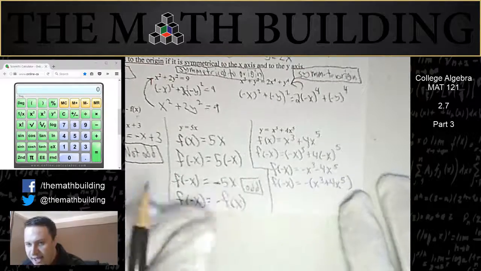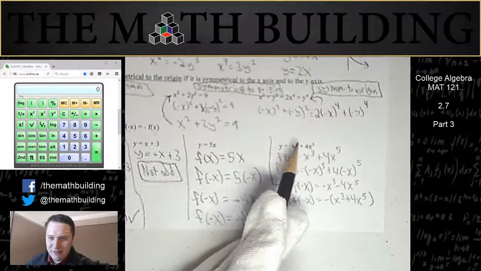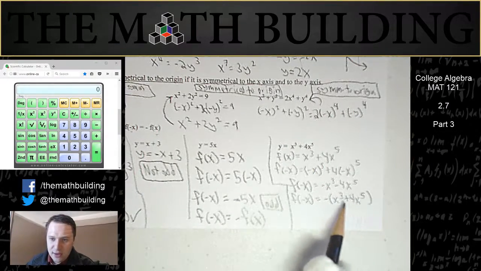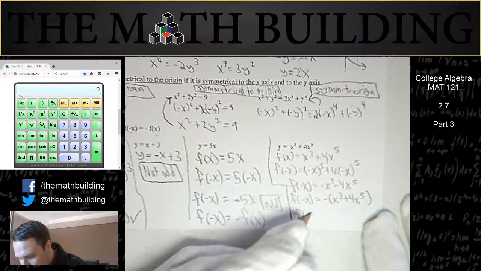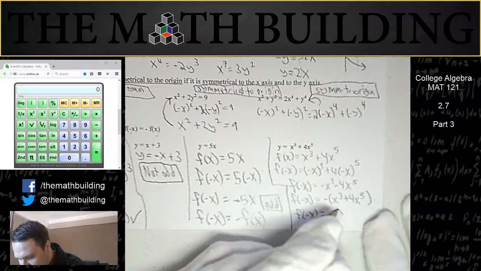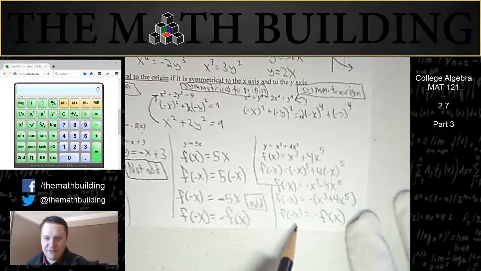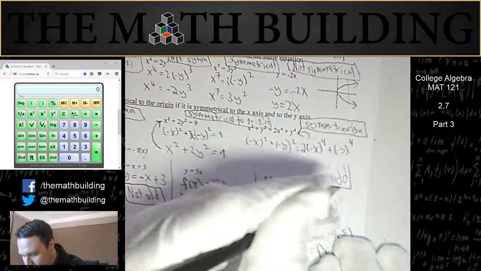And then if I do that, what do I have in the parentheses? Look, it's f of x. It's x to the 3 plus 4x to the 5. And so I can replace all of that with negative f of x. So we got f of negative x equals negative f of x, so this is an odd function.